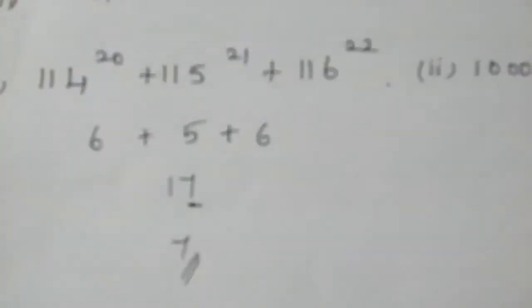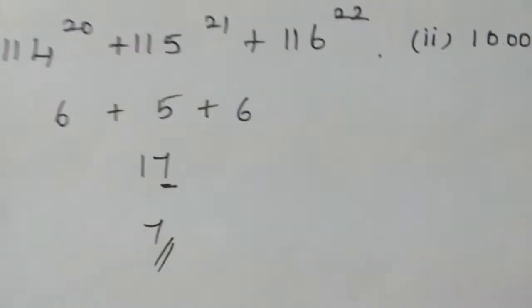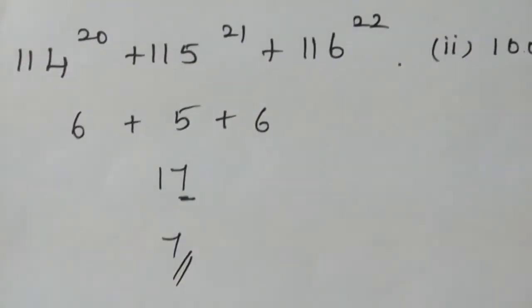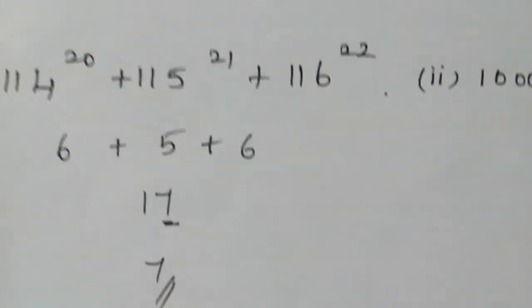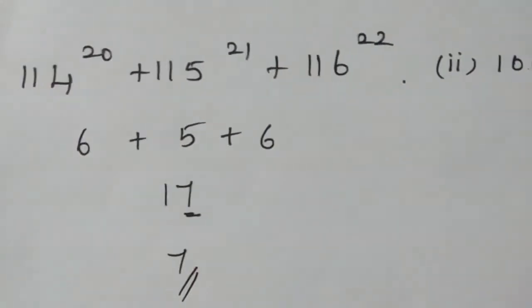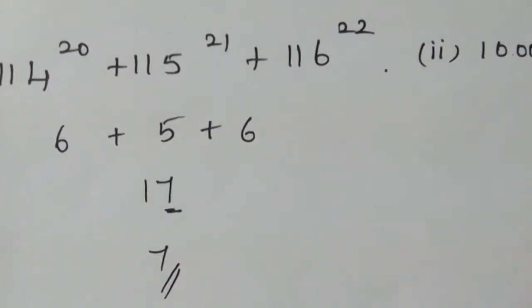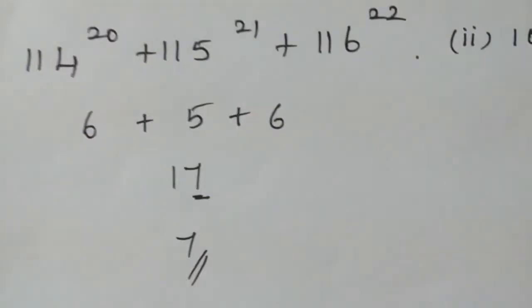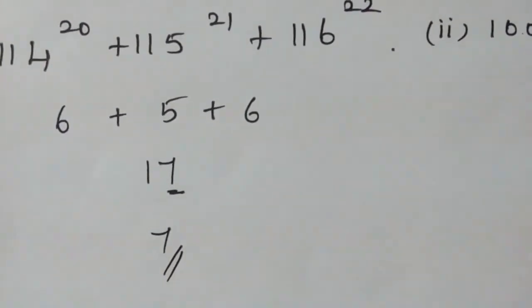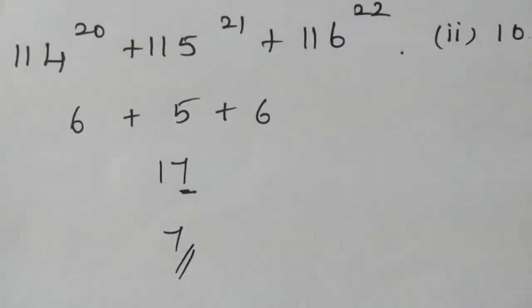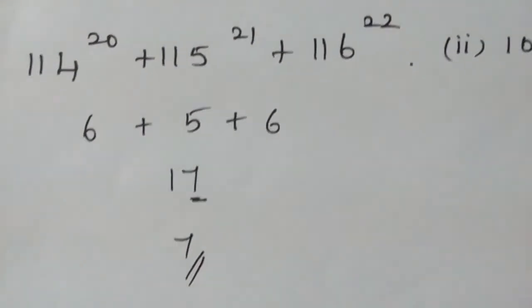Then 115, as I said already, the first digit is 5, so we can just write the answer to be 5. For 116 the whole power 22, for 6 also the same thing, we can just write 6 as it is. Now add 6 plus 5 plus 6. You will get 17. So what is the unit value? 7. So the answer is 7 for this question.